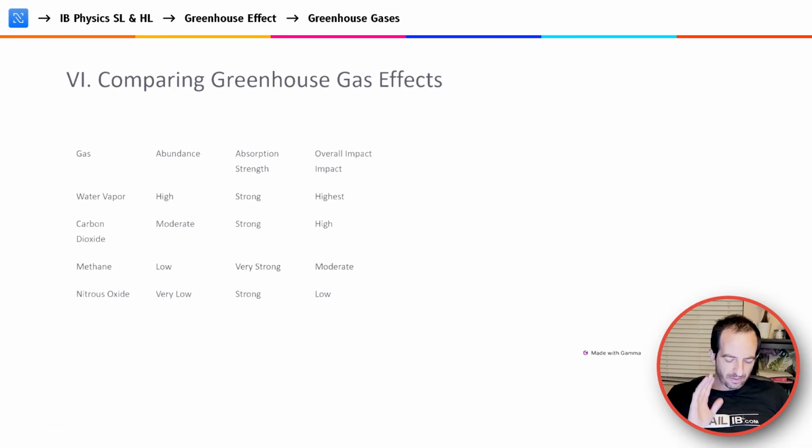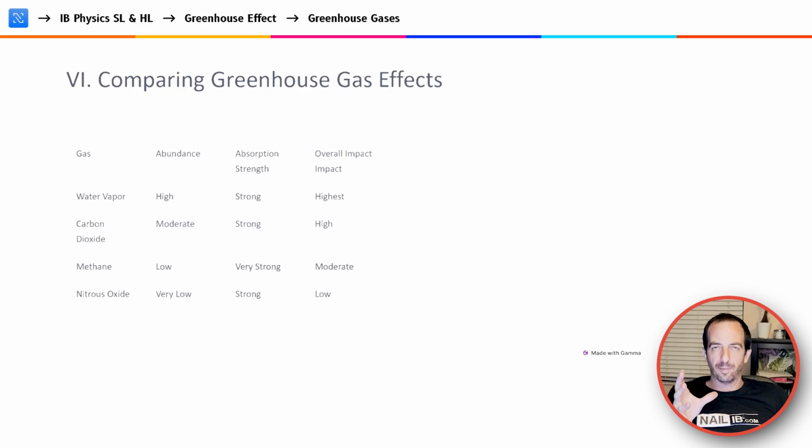Scroll down. Right, so here we have a chart on the effect of the 4 main gases that we are responsible for. Water vapor, as I said, is abundant and also able to absorb a greater range of wavelengths, leading it to have a significant impact on the greenhouse effect. Carbon dioxide we see is moderately abundant.